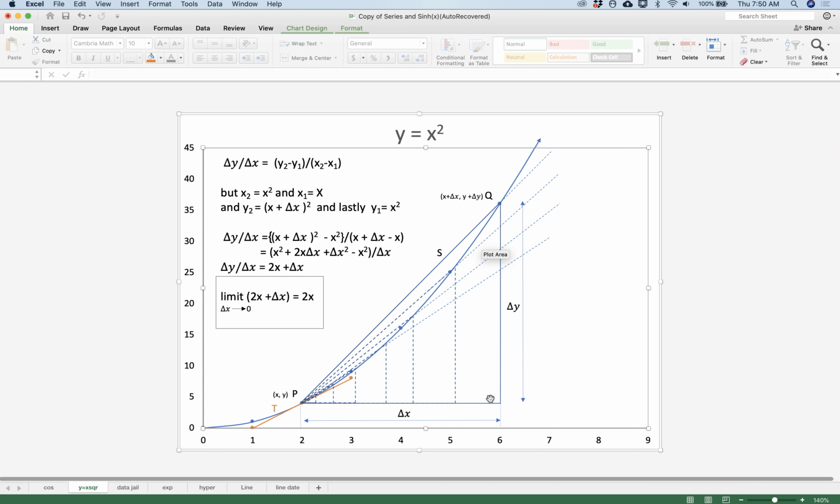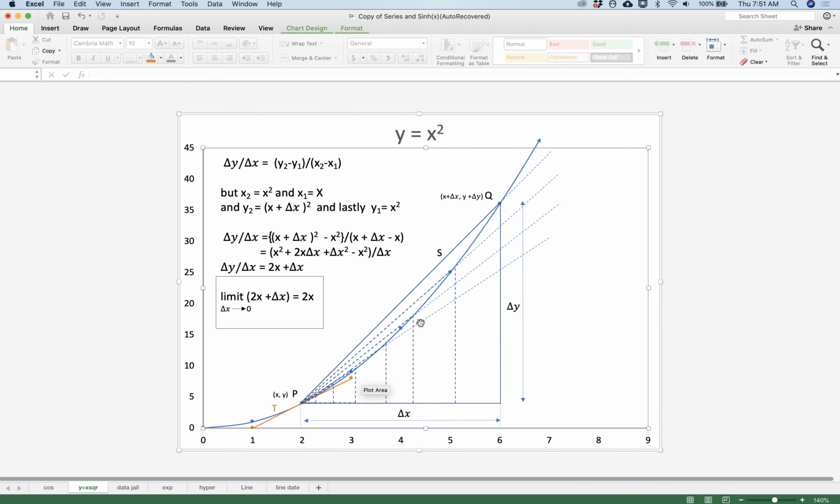But what we do see is if we shrink our base, our delta x, our corresponding delta y also moves down, and the slope of the hypotenuse of the decreasing triangle, the triangle gets smaller and smaller, changes, and it begins to more closely approximate the tangent line at the point that we're interested in, at point P. And as you can see here, with a small triangle, the hypotenuse line is closer in slope.